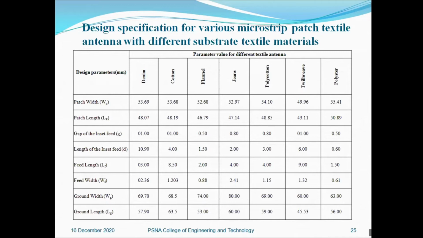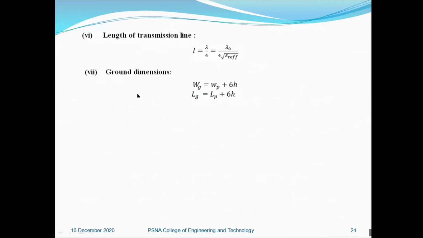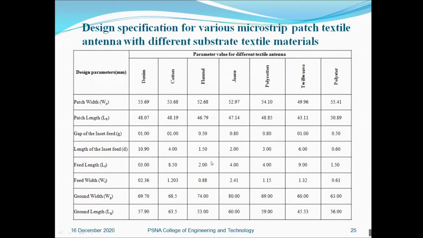For example, a denim cloth, where the textile material is denim. Using these formulas we have calculated the width, the length, inset feed, feed length, feed width, ground plane, ground length, everything. So for the different materials we have calculated. The different textile materials are denim, cotton, and flannel, all of which are available online.